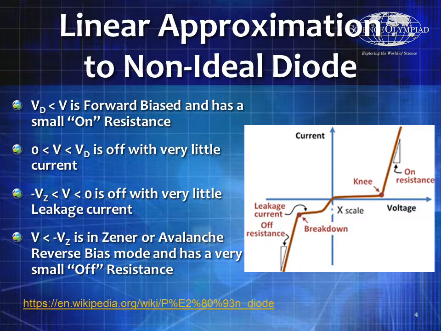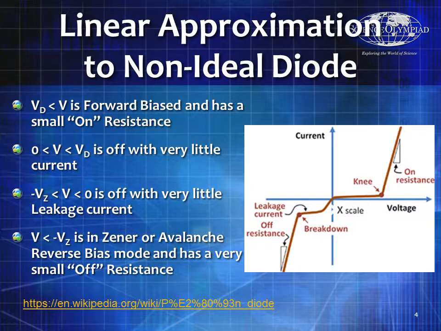But let's talk about the linear approximation to a non-ideal diode. When your voltage is more than the turn on voltage or the forward bias voltage, it has a small on resistance, very, very small. So that curve goes very steeply straight up, on the order of less than an ohm or a few ohms.